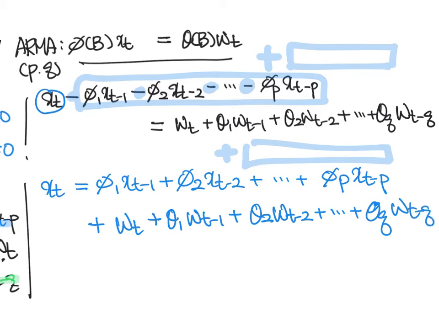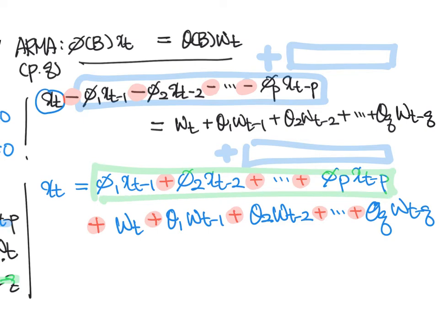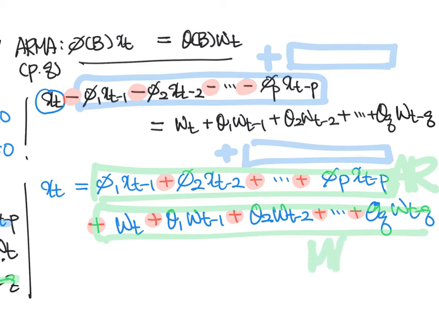So now we have all summations on the right hand side. It's because we had subtraction before in the AR operator. This is the AR part, and this one is the MA part.